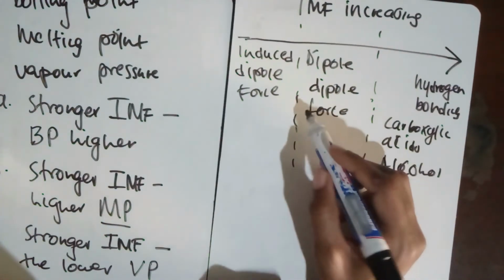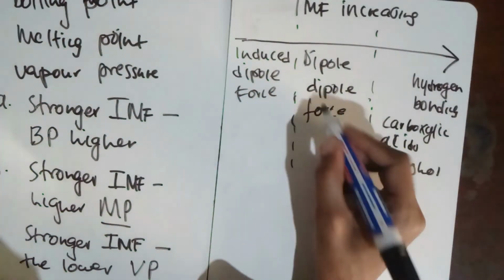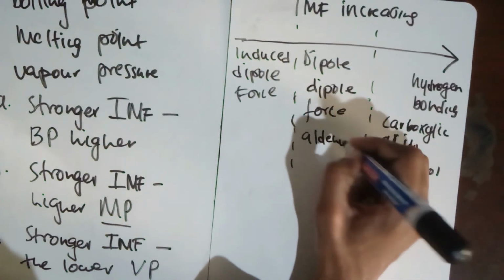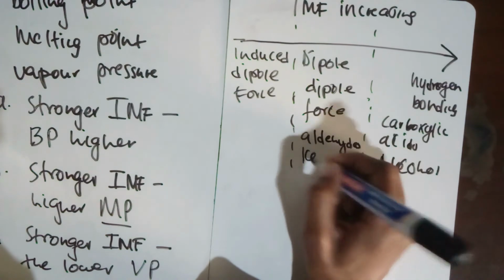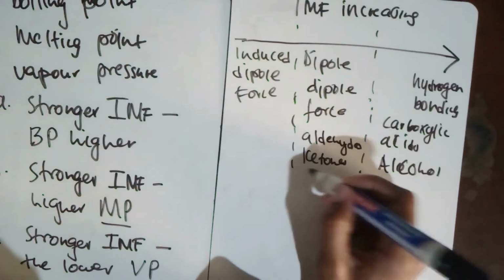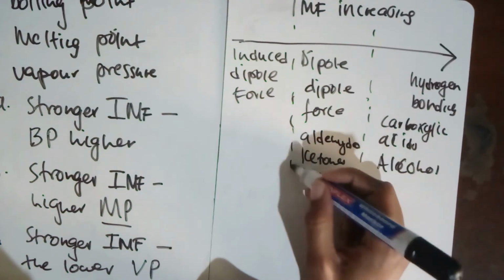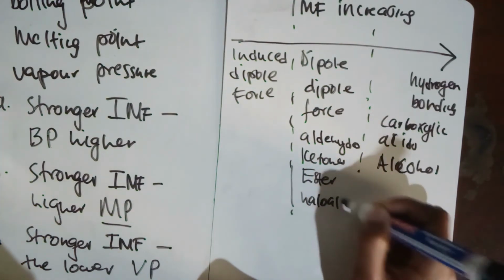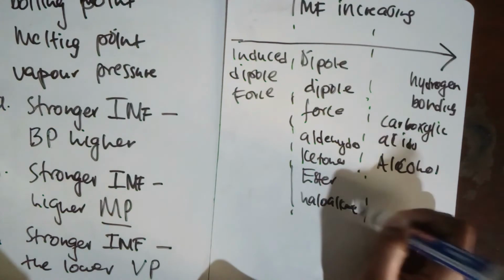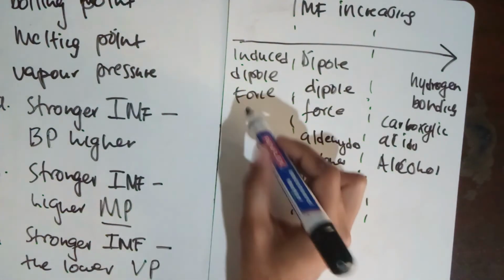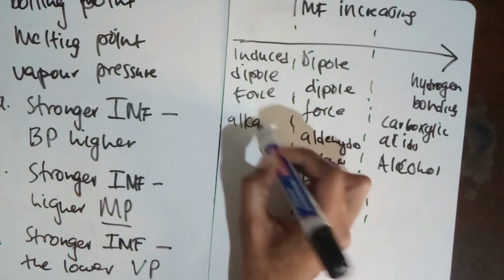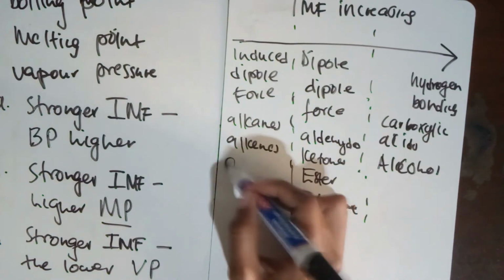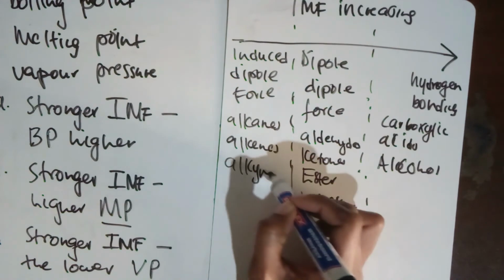Molecules that exhibit dipole forces can be your aldehydes, your ketones, your esters, as well as lastly your haloalkanes. And then here, induced dipole forces are alkanes, alkenes, as well as, what's the other one? Alkynes, so all the hydrocarbons.